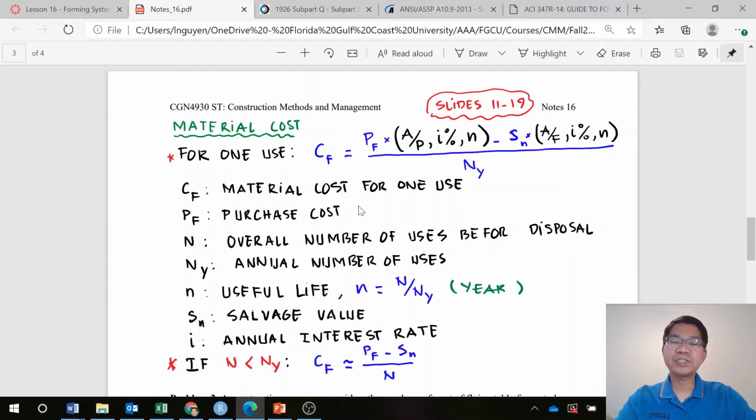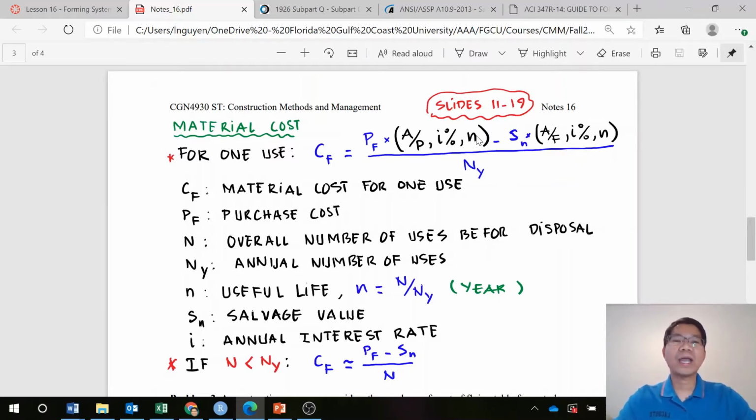You see the PF, the purchase cost, and we pay A over P, I percent, N. N is the useful life, and that useful life is determined by N over NY, where N is the overall number of uses before disposal, before the formwork is no longer used. NY is the annual number of uses, how many times you use that formwork per year on average. That ratio of N over NY determines the number of years that we use the formwork.